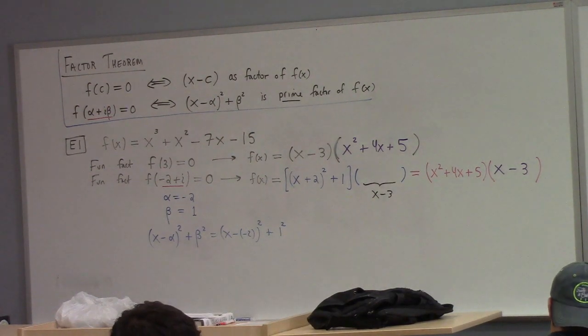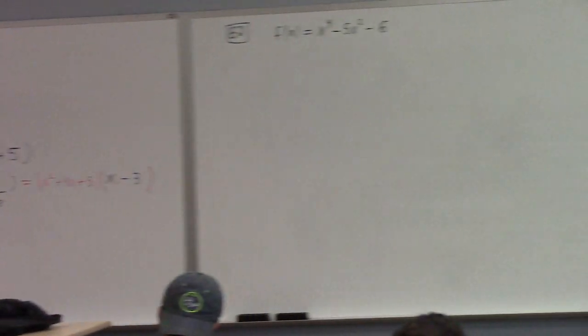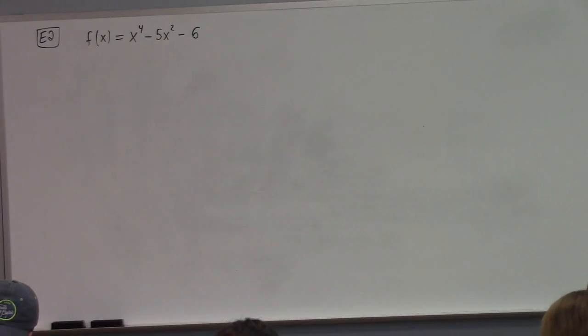All right, so let's do another one here. Let's work this one out. Now I just told you in the previous one that f of these things are 0.